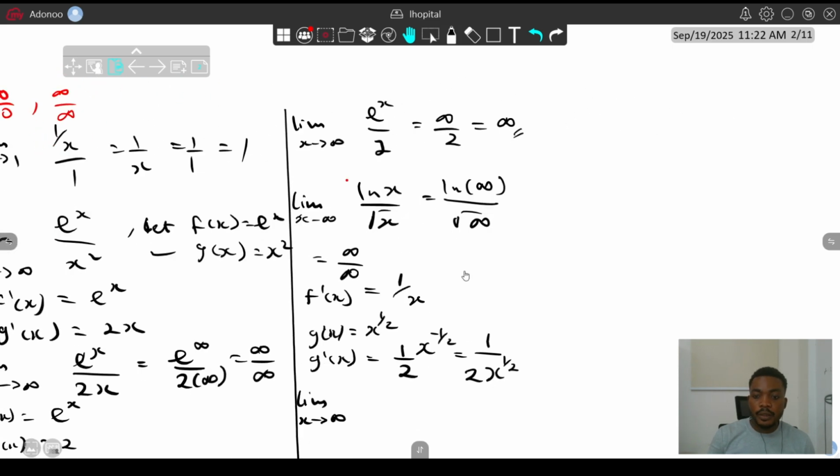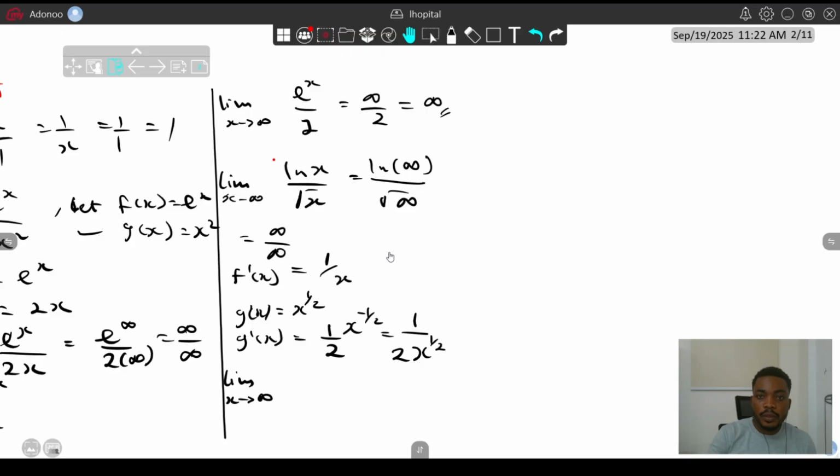All right. So then we have limit as x approaches infinity of 1 over x over 1 over 2x raised to the power 1 over 2, right?